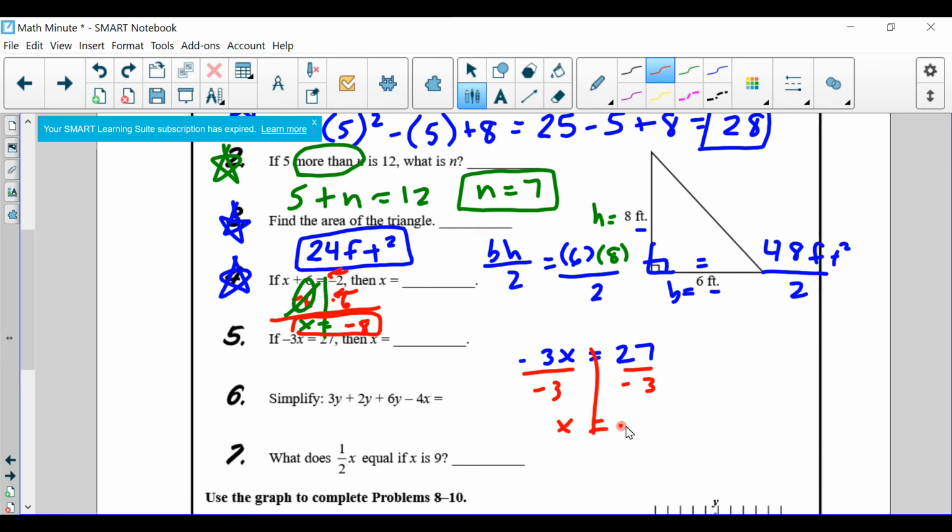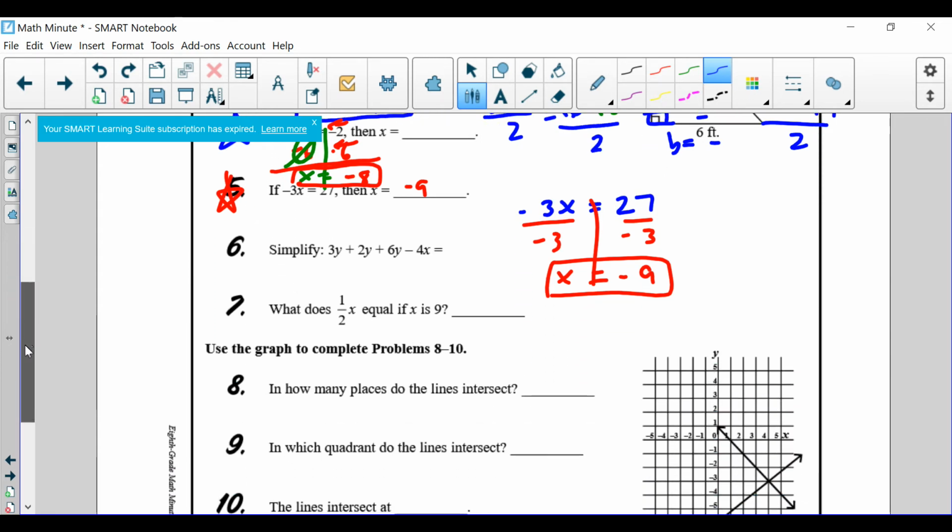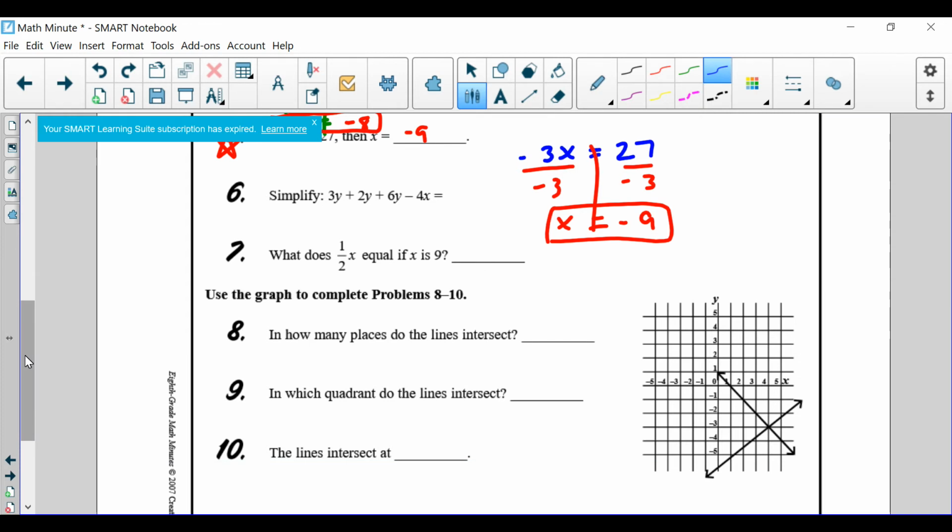That's going to be negative 9. And that's our answer. x is equal to negative 9. All right, make sure to give yourself a star if you got that one. We know that's true because negative 3 times negative 9 is positive 27, because a negative times a negative is a positive.